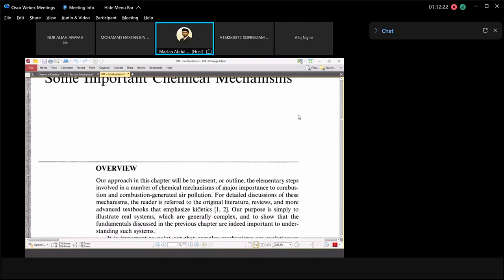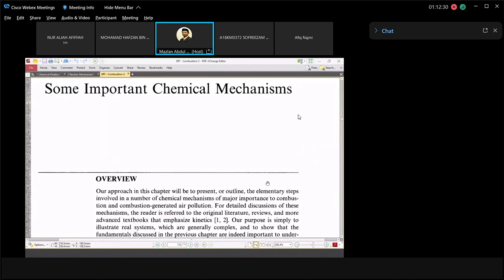Our approach in this chapter will be to present or outline elementary steps involved in a number of chemical mechanisms of major importance to combustion and combustion generated air pollution. For detailed discussion of this mechanism, the reader is referred to the original literature, reviews, and more advanced textbook that emphasize kinetics.